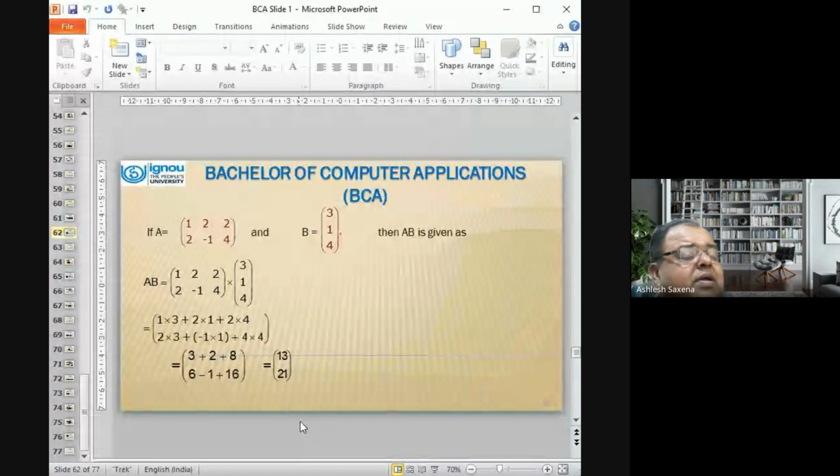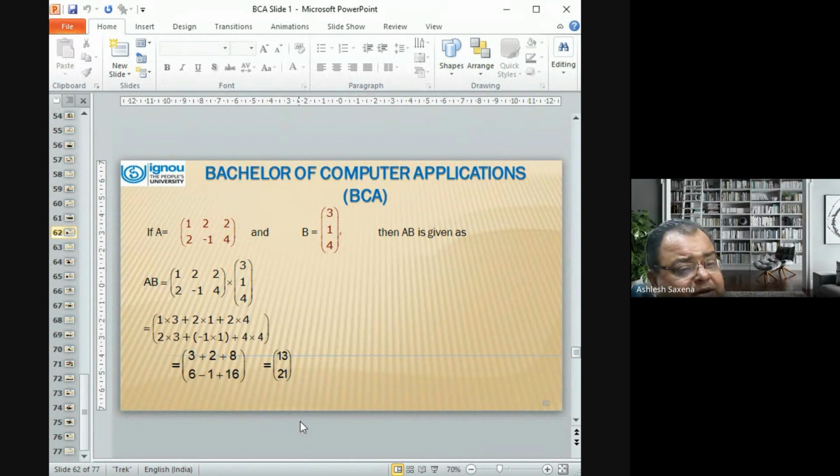As far as addition and subtraction is concerned, both the matrices have to be of the same order. But in case of multiplication, it's not necessary that the order should be the same. Then the question arises, then what?